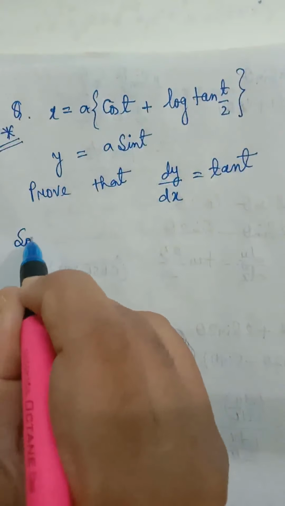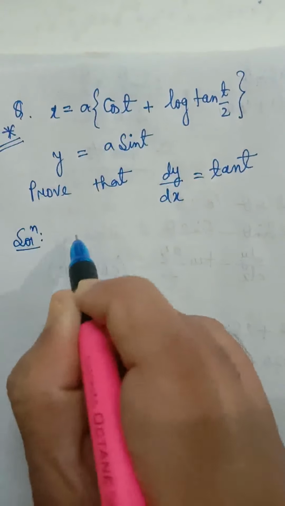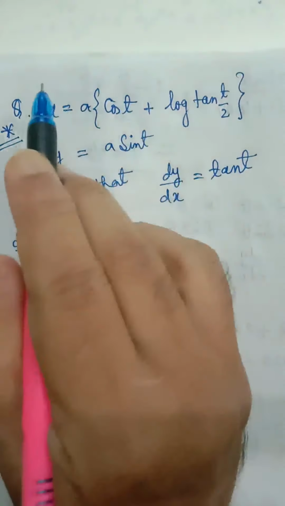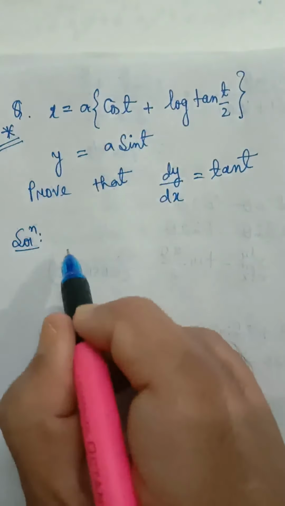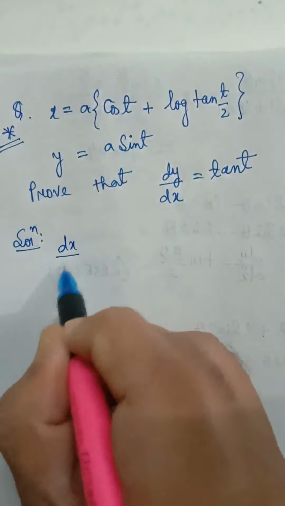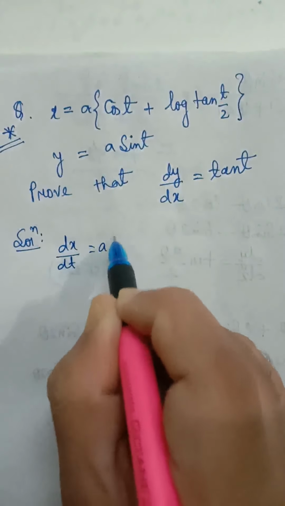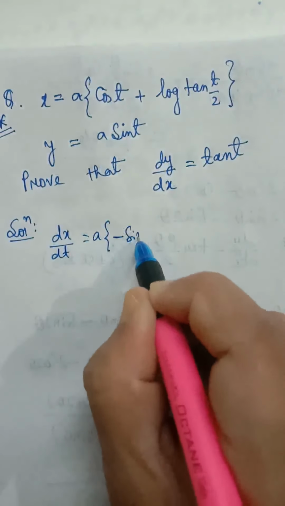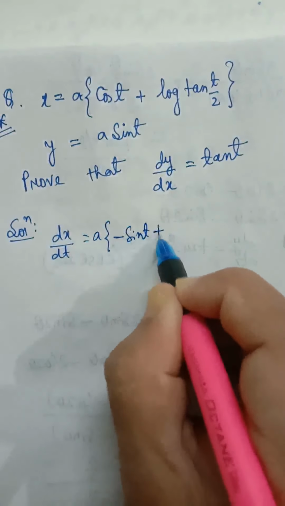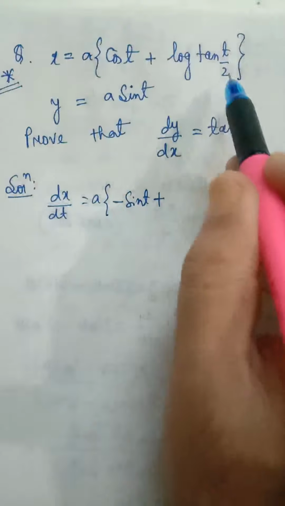First of all, we have to find dx by dt. To find dy by dx, you have to find dx by dt and dy by dt, as x and y are given in terms of t. Now dx by dt equal to a into derivative of cos t, which is minus sin t, plus derivative of log of tan t by 2.